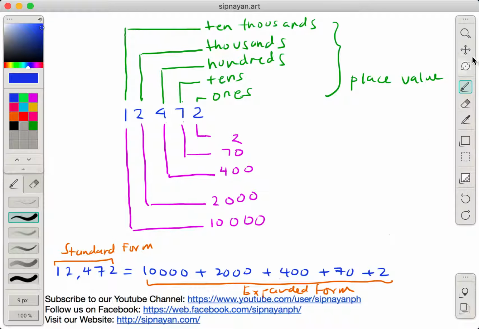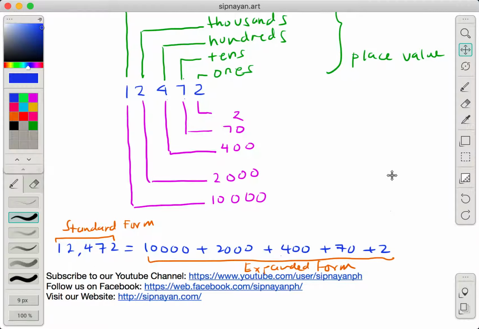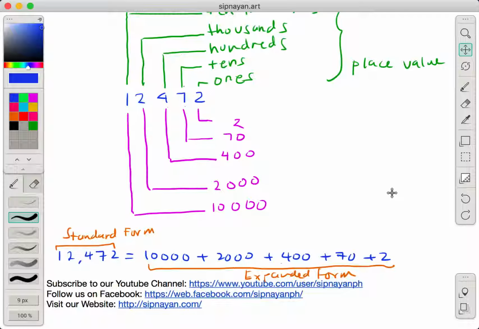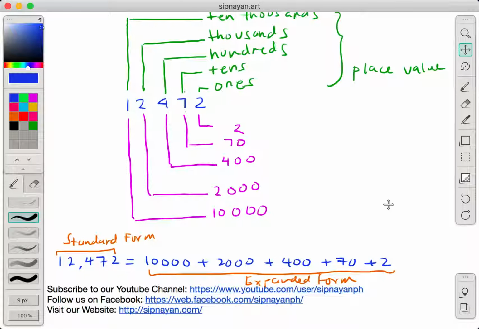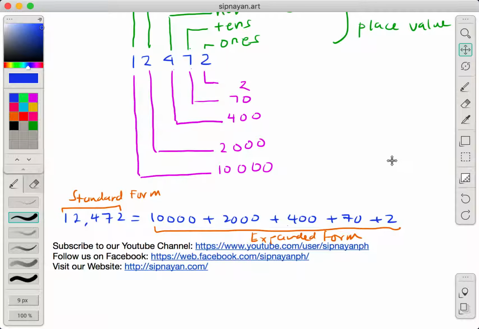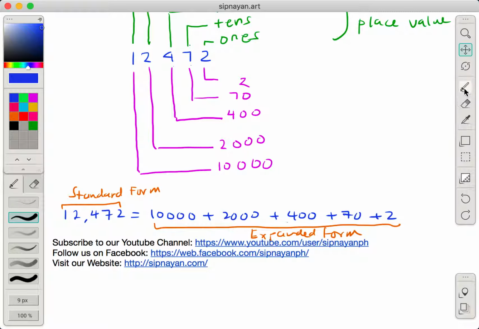Now, ang pwede nating pansinin dito sa expanded form is yung mga numbers na to can be written also. I think na banggit ko na ito sa previous video. This can be written as the product of the digit and multiples of 10. For example, this is 1 times 10,000.